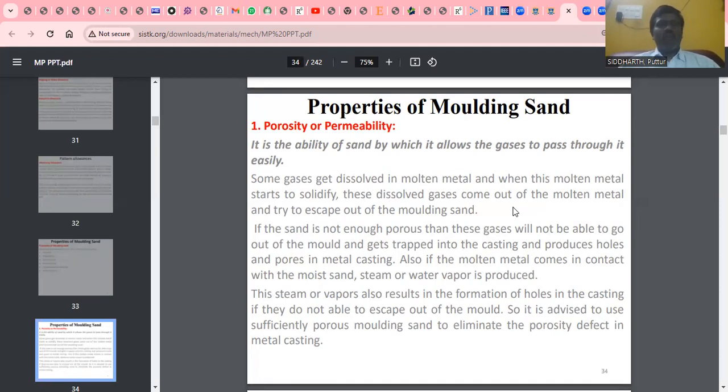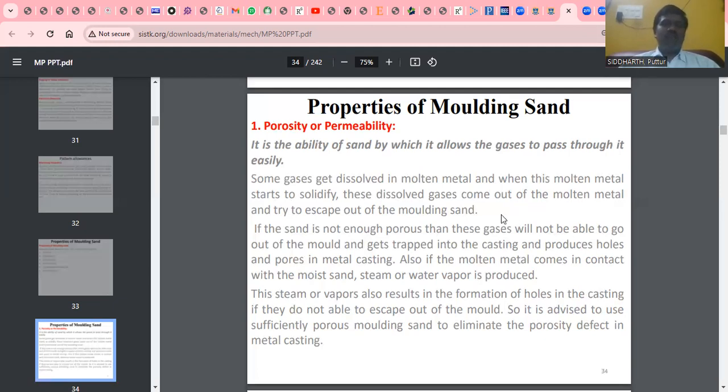Whenever we pour it into the cavity, the molten metal interacts with the mold walls. In these mold walls, there may be some humidity or small water droplets. It interacts with the mold walls and liberates gases.